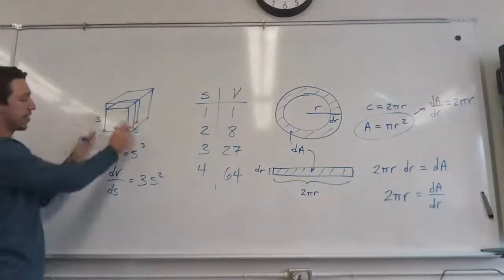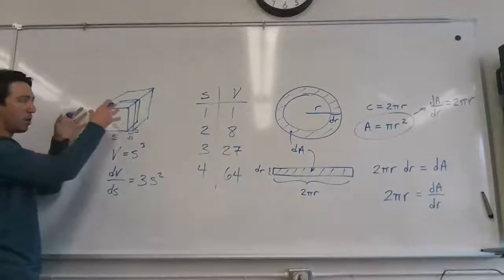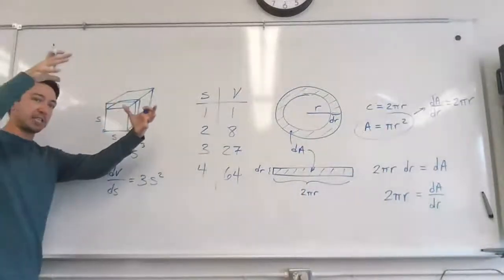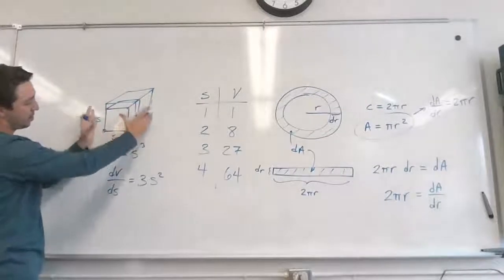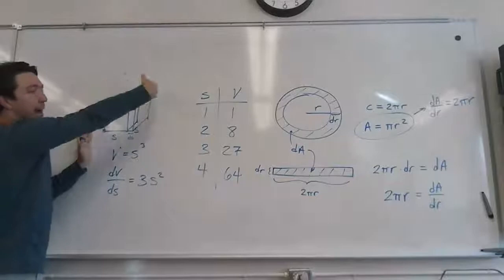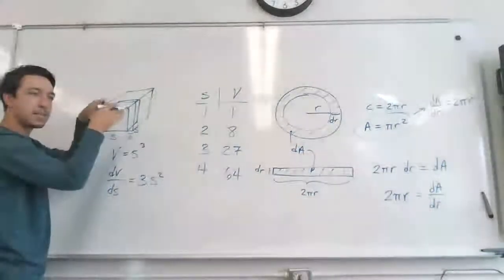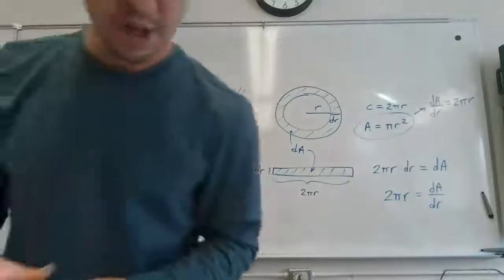If I add in this little ds, on a sphere the entire thing was expanding out uniformly when I changed r. But in this case, the way I'm drawing this, it's only the right, top and back faces that are getting those little slabs added on. So that would be 3 times s squared.